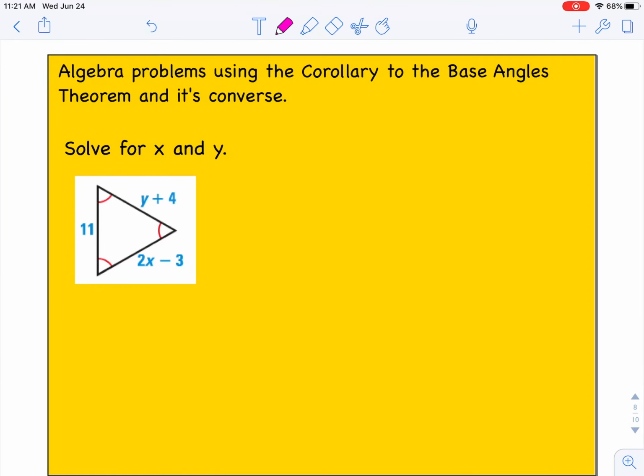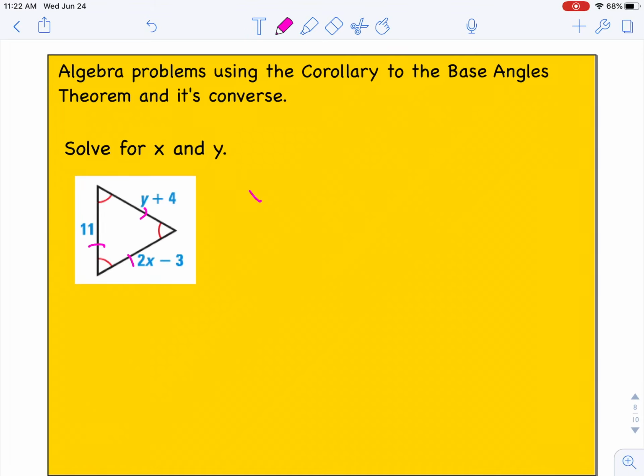So let's see if we can solve a problem using the corollaries to the base angles theorem. Solve for x and y. Well, we can see all three angles are congruent. So that means that the sides across will be congruent. So all three of these sides will be congruent.